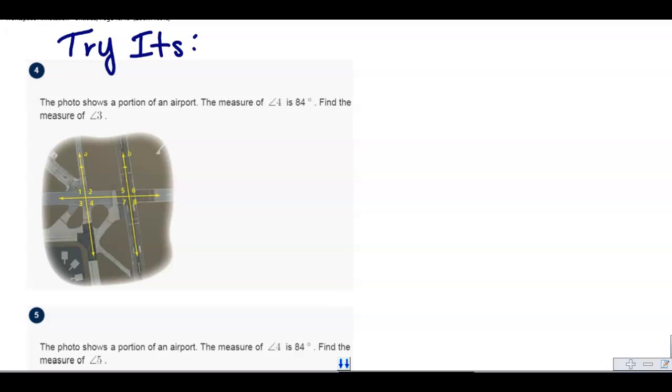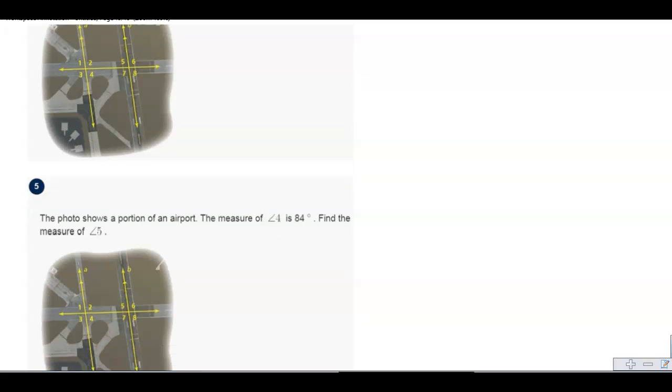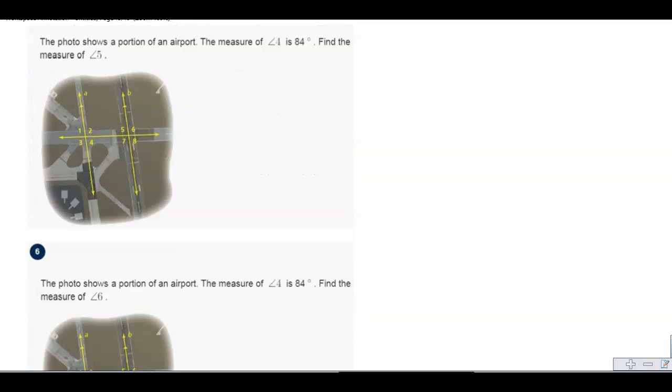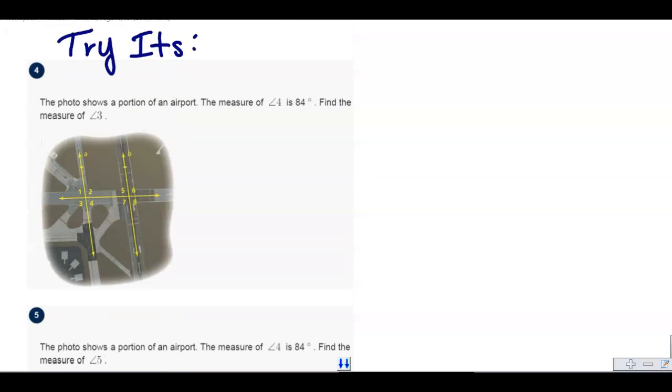It's the same diagram, but I want you to find the measure of angle 3 if angle 4 is 84 degrees, the measure of angle 5, and the measure of angle 6. So your job is to find angle 3, angle 5, and angle 6. Make sure you support your reasoning as well. Pause the video, find those 3 angles.